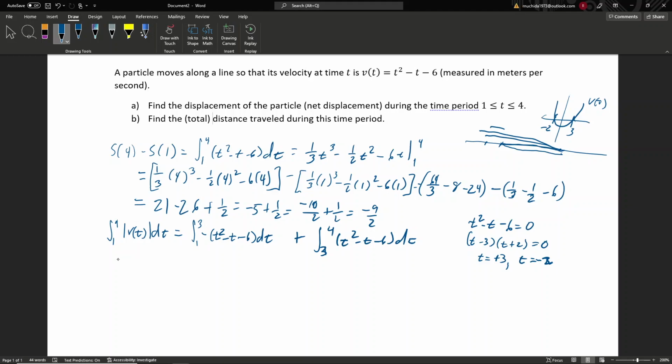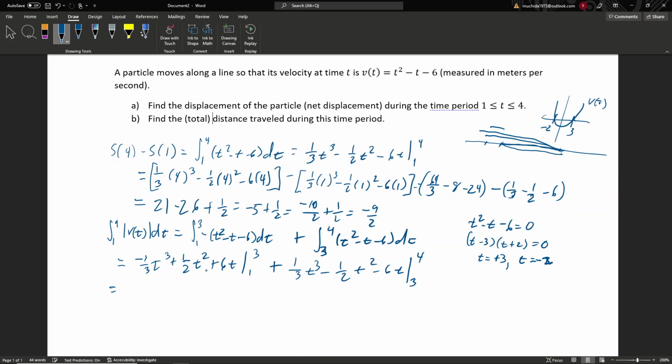So for this first integral, it would be negative 1/3 t cubed plus 1/2 t squared plus 6t evaluated from 1 to 3, plus 1/3 t cubed minus 1/2 t squared minus 6t evaluated from 3 to 4.